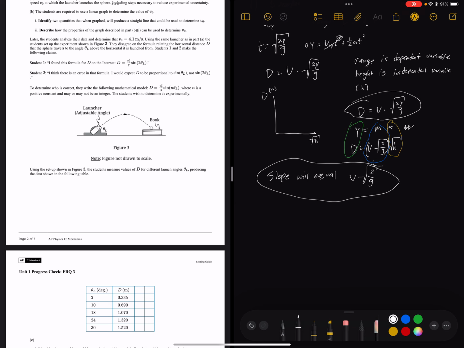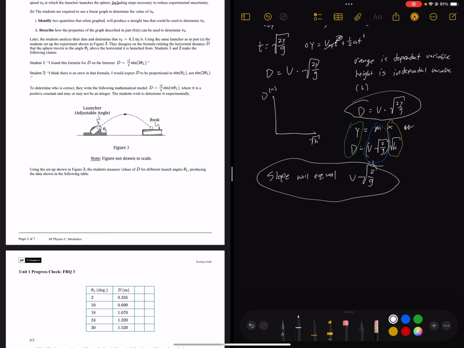Student 2 says that he would expect D to be proportional to sine theta L, not sine 2 theta L. So unfortunately, student 2 does not know the trigonometric identity, so that's okay. That's the part when you solve for projectile motion, you have a cosine theta times sine theta that equals 1/2 sine 2 theta.